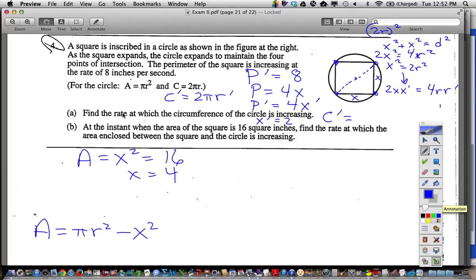Oh, that's not right. Find radius where, though? You mean from this?